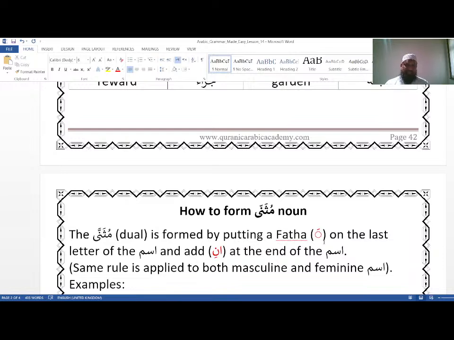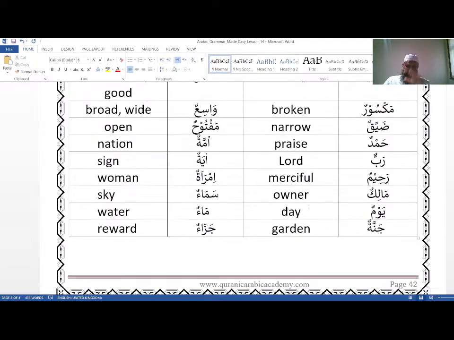The alif is telling us it is in halatul rafa. So the i'rab of muthanna isms will be with alif.